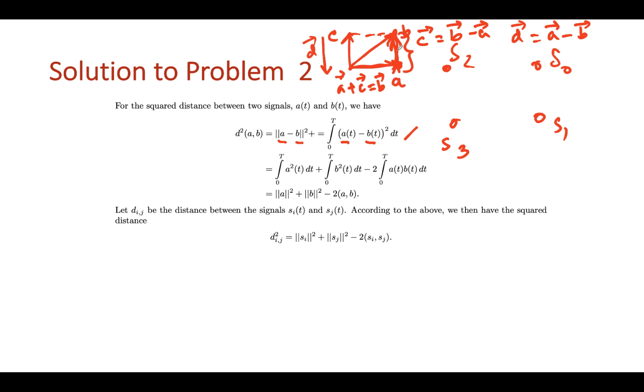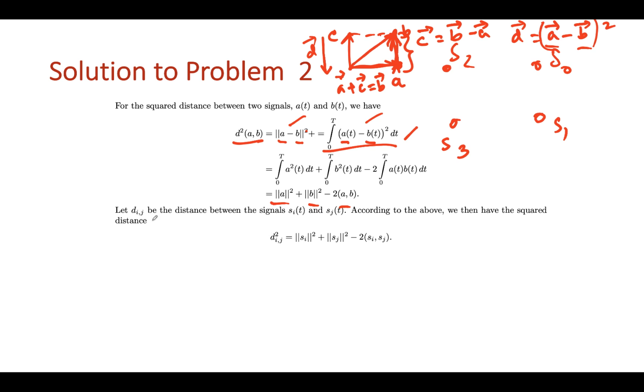This distance between A and B is A minus B in vector form, and if you take the norm of that, you get the magnitude of the distance between A and B. Then this can be written in time domain integral form like this, because these two are equivalent by definition, and then you can calculate these terms.